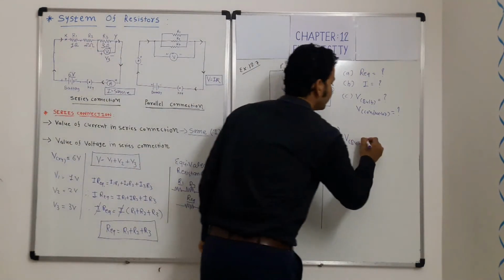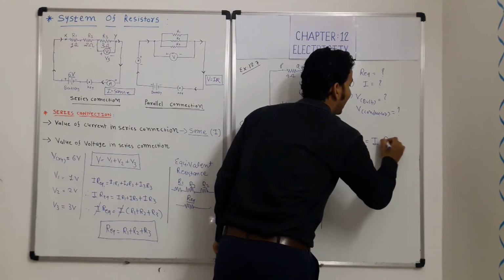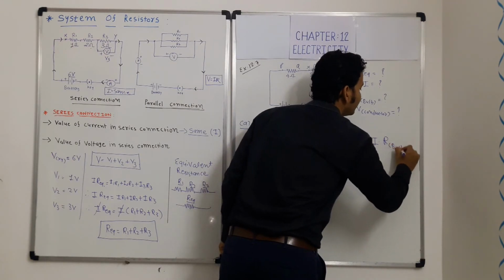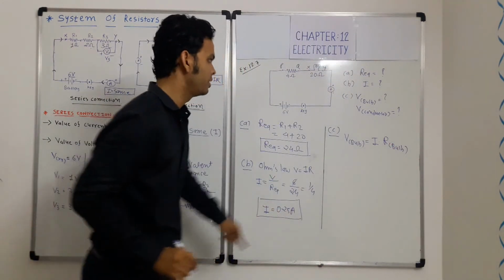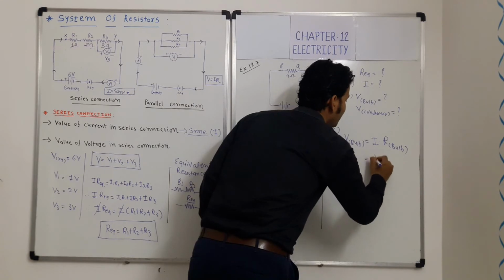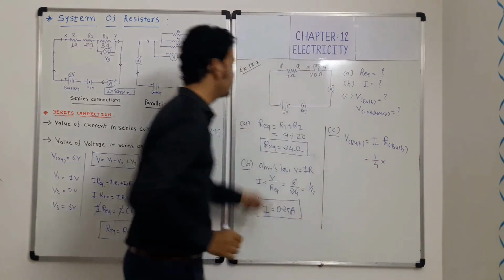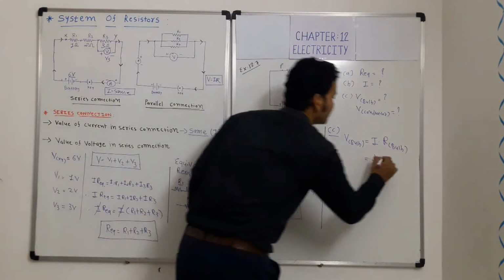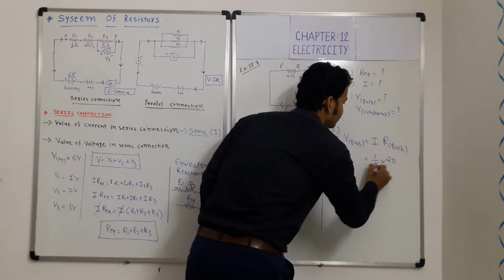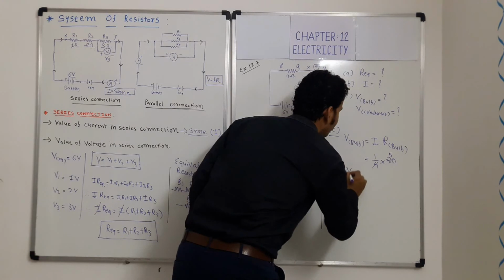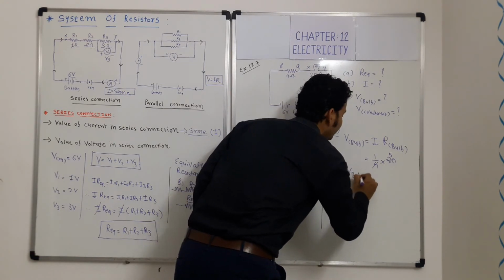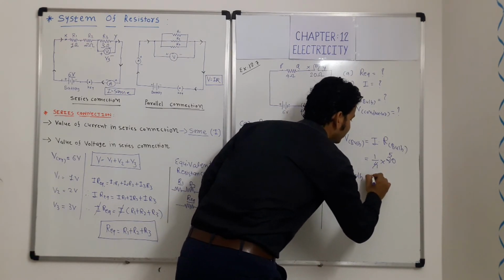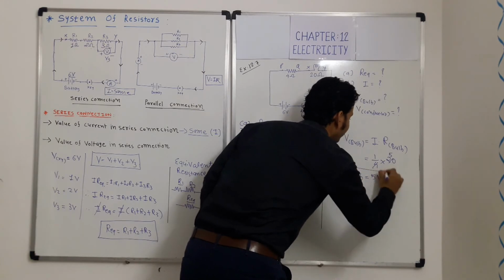So I into R bulb. I is 0.25 or 1 by 4, into the resistance across the bulb, which is 20. So 4 fives are 20. So the voltage across the bulb is 5 volt.